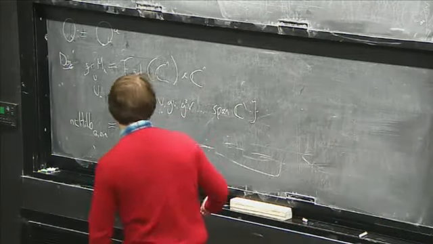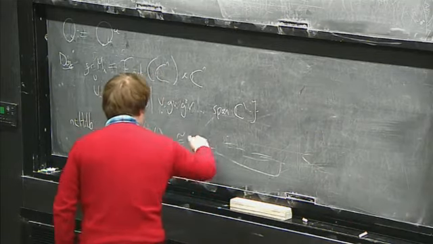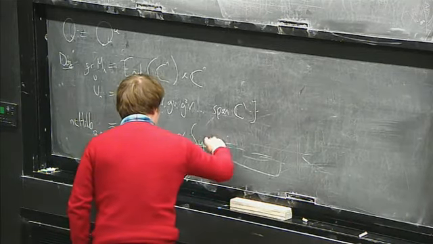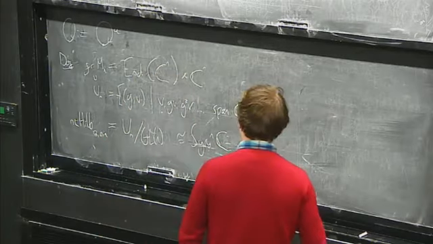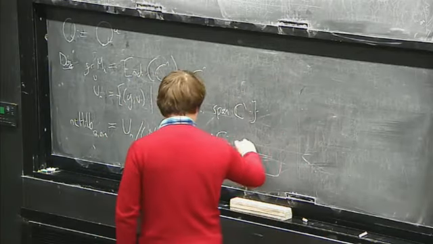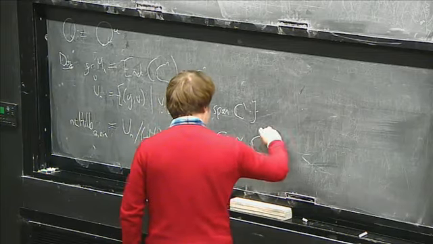This is isomorphic as a scheme to the nth symmetric power of C, which of course is isomorphic in turn to C^n.